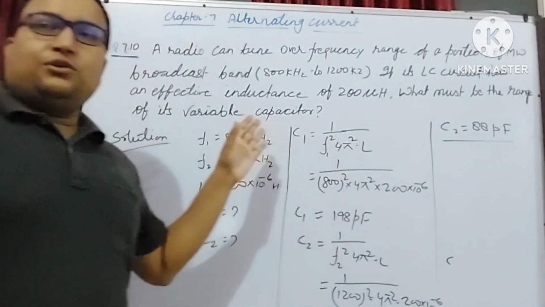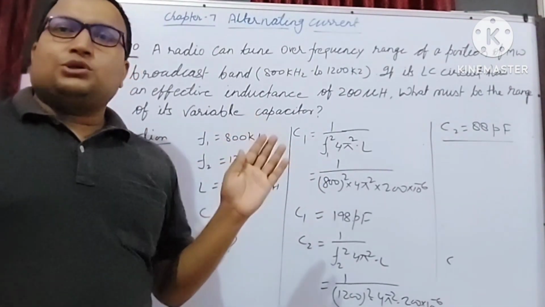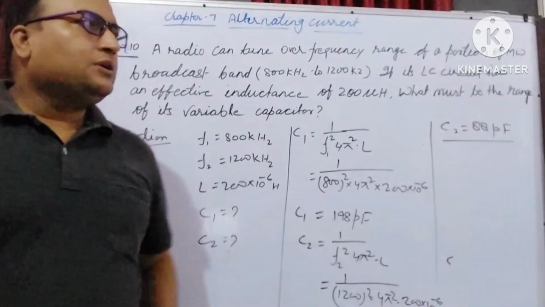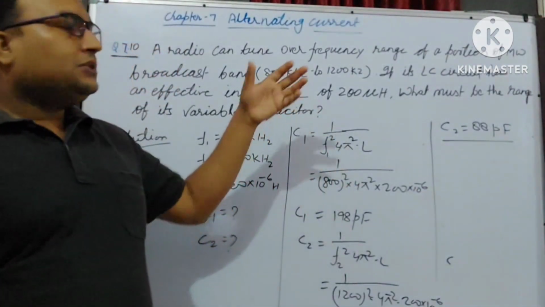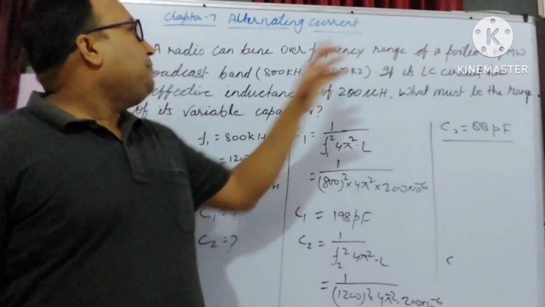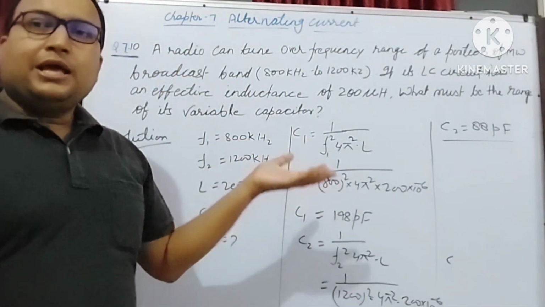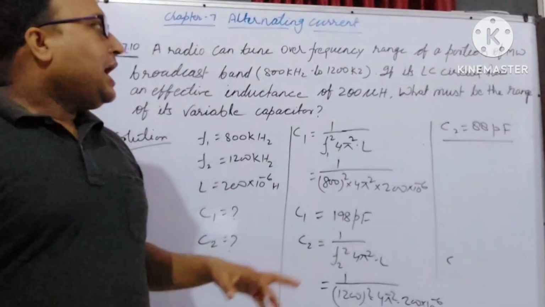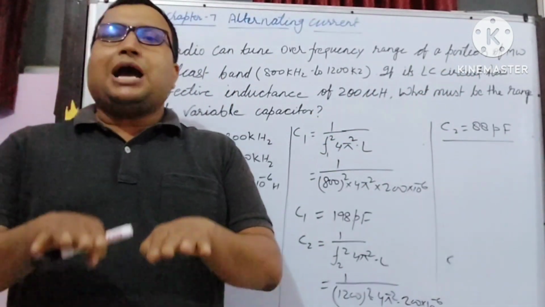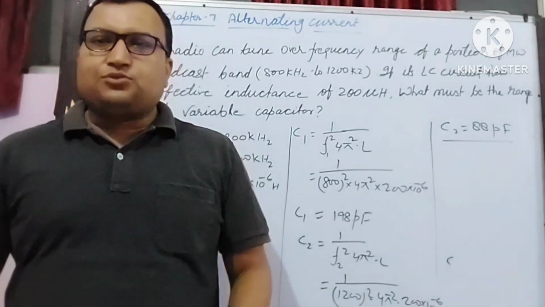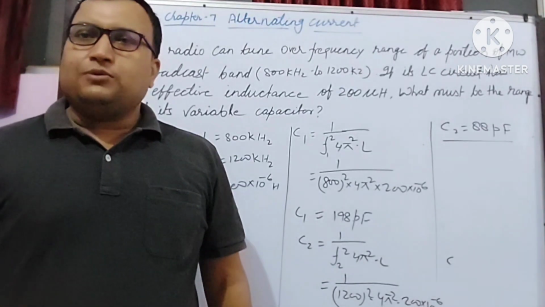So in this way you can solve this question. Again, this question has only one concept: the radio gives output when the frequency sent by the MW broadcast and the frequency generated by the LC circuit both come under the resonance phenomenon, and then you are able to listen to the sound.